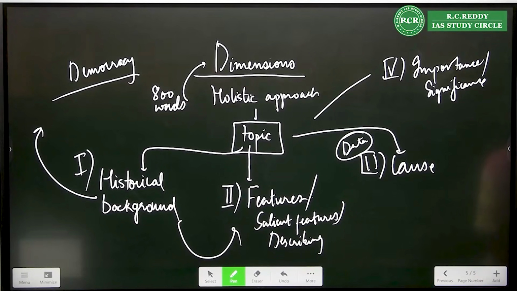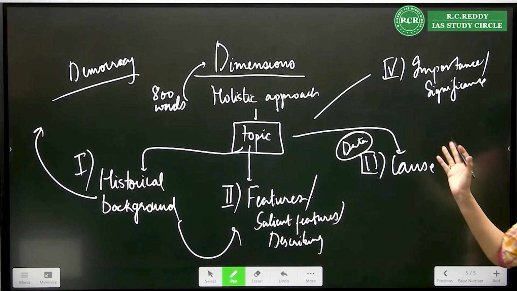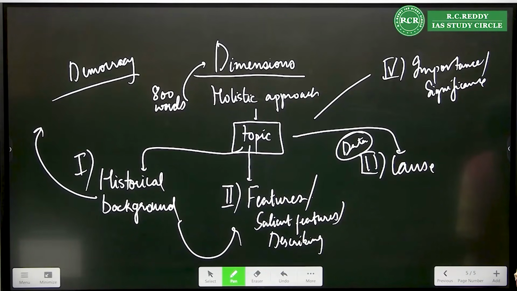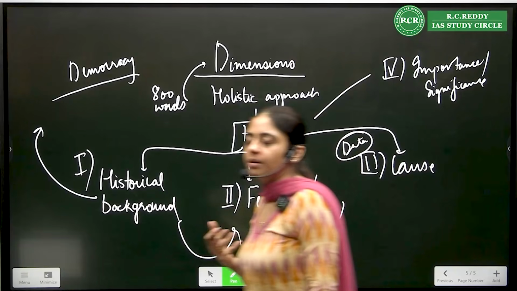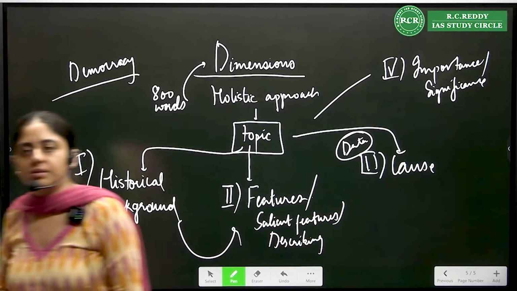You can discuss what is the significance of China for us. Like I said, all points will not be present in every essay. This is just a thinking tool so that you think in this direction. Some will be hits and some will be misses. That depends upon you, and depends upon the topic, of course. So in some areas you might have to write about the significance or importance of something.